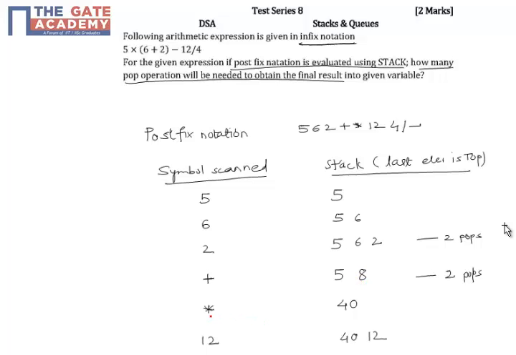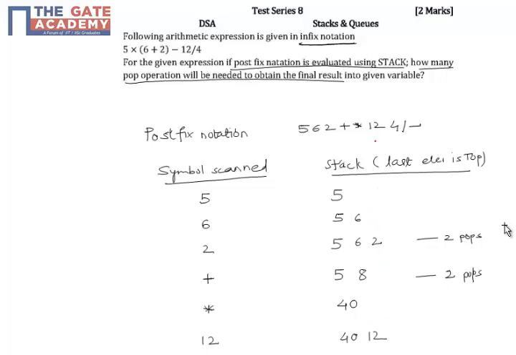Later we have the multiplication operator, so we again pop 2 elements from the stack, which are 8 and 5, and push the result, which is 40, into the stack. At these 2 steps we need to perform 2 pops at each step to pop the 2 operands.